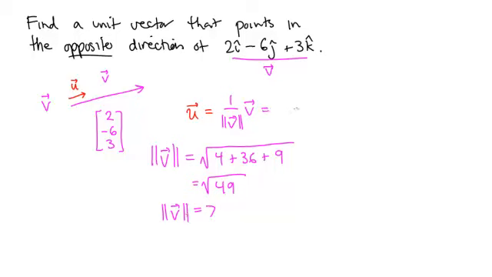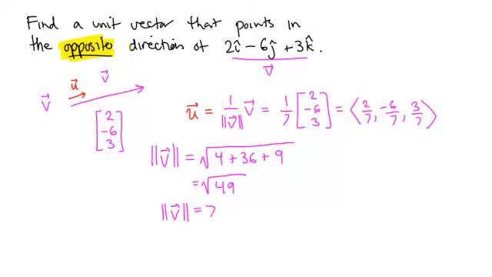So if we take the vector 2, -6, 3 and multiply it by 1/7, we're going to get the vector 2/7, -6/7, 3/7, as a vector who's 1 unit long, who points in the exact same direction as the vector 2i minus 6j plus 3k. But wait a second.